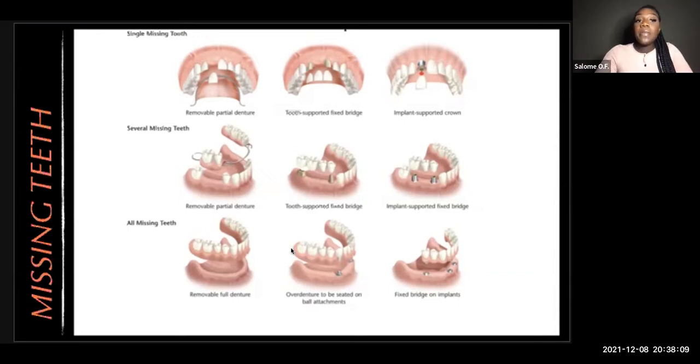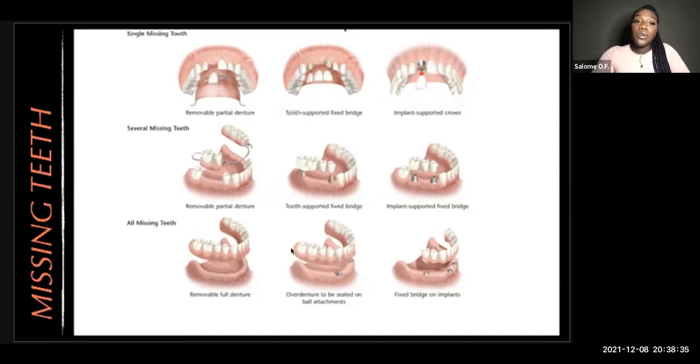If you are missing several teeth, again, you can use something that's removable. But one thing I want to mention with the removable denture is that sometimes the force can disturb the neighboring teeth. So I'll talk about that in a little bit, but you want to make sure that you don't just opt for something removable all the time only because of finances.